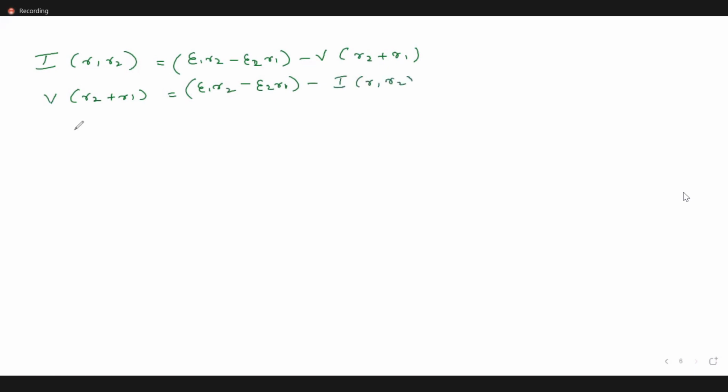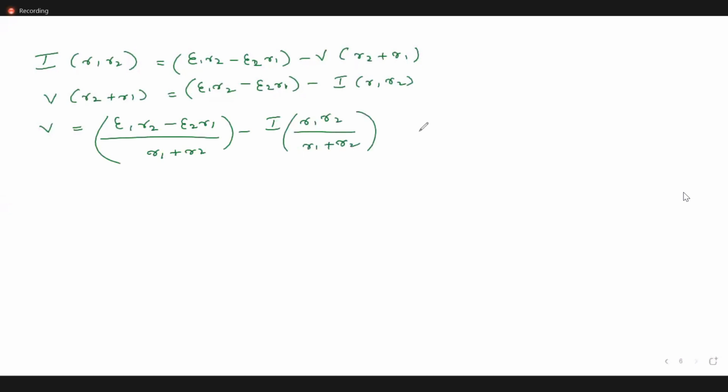Then V is equal to, let me write V only, (E1 R2 plus E2 R1) divided by (R1 plus R2), minus I R1 into R2 divided by R1 plus R2.